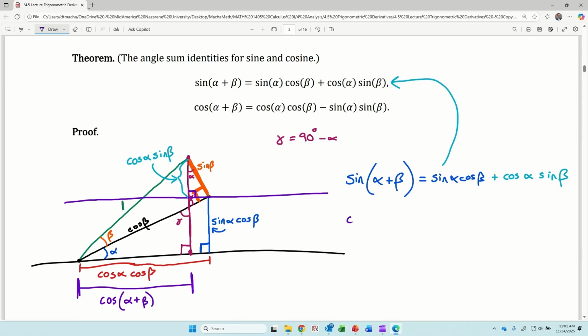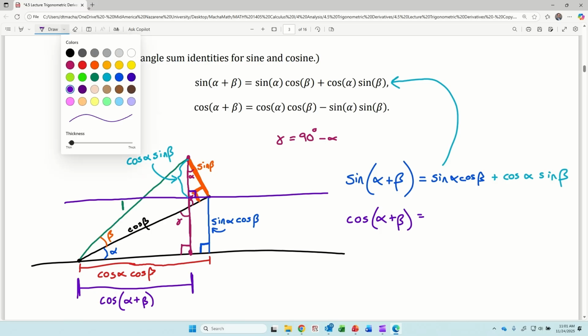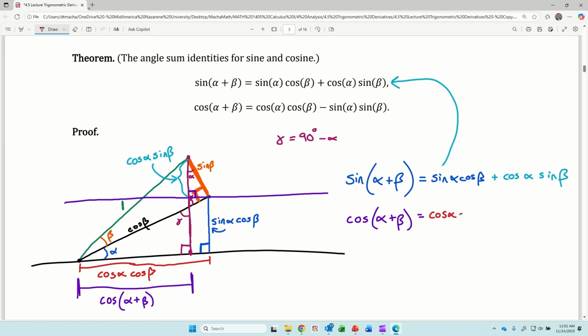And so my strategy now for finding the cosine of alpha plus beta is going to be starting off with this longer red side length, which is cosine alpha cosine beta, and subtracting something away from it. What am I going to subtract away from cosine alpha cosine beta?